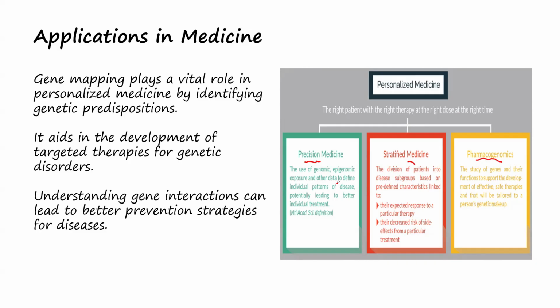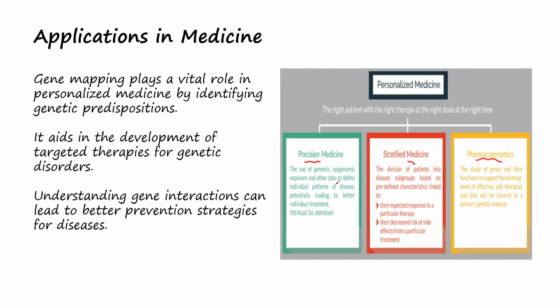So you see, in precision medicine, you use the genomic data of an individual, the epigenomic exposure, as well as other data, especially metabolomics, to understand the patterns of the individual's disease, which potentially leads to a better disease treatment.